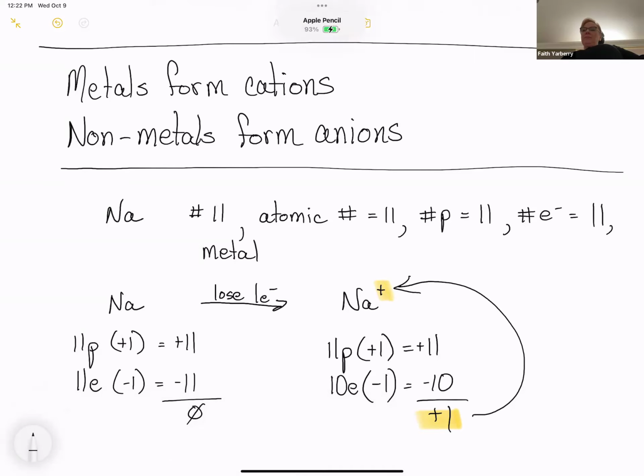Now, you may ask how I knew sodium had a plus 1 charge. The complete answer is not going to be revealed in this course because you have to learn electron configurations, which is something you'll learn in your next course in line.